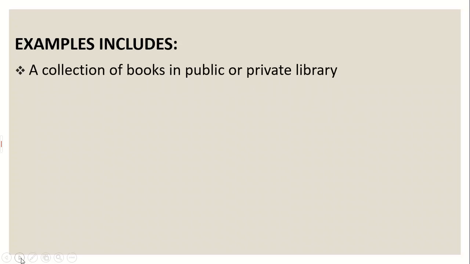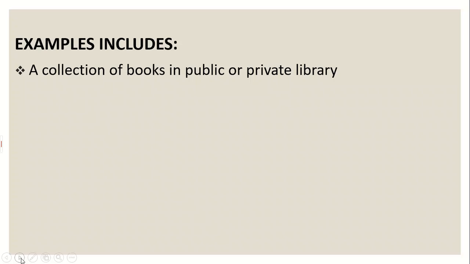Then again, we look at some examples. Generally, something like a collection of books in a public or private library. When you enter any library, you see collections of books, maybe books for sciences, for mathematics, for engineering. They group them in different sections, so they are all sets of books.